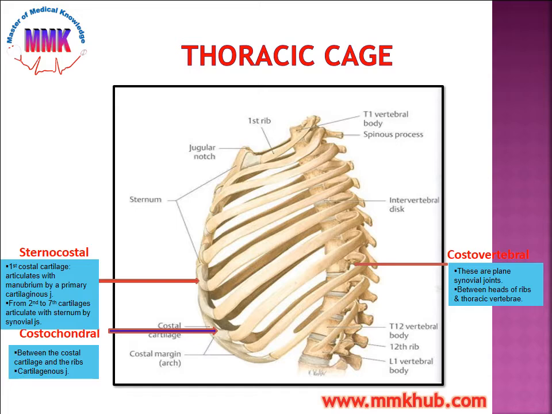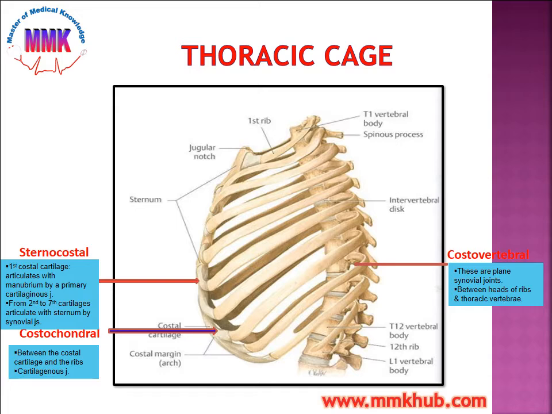In the thoracic cage, there are three different types of joints. One is the sternocostal joint, another is the costochondral joint, and then the costovertebral joint. As far as the sternocostal joint is concerned, the first costal cartilage articulates with the manubrium sterni by a primary cartilaginous joint, while from the second to seventh cartilages, the articulation with the sternum is by a synovial joint.